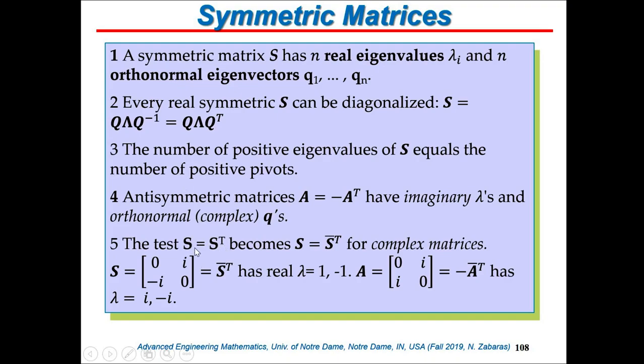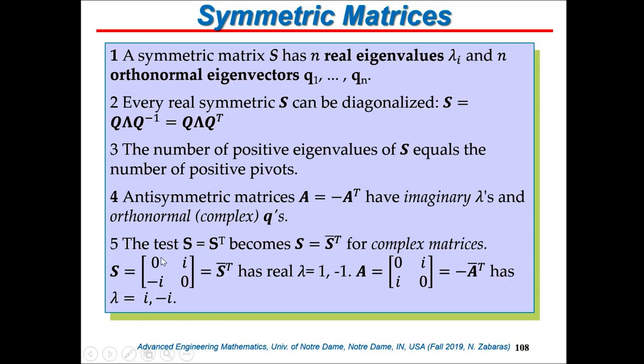if we have a matrix that has elements that are complex numbers, the classical test that we have seen here for symmetry, S equal to S transpose, actually changes for complex matrices to S being equal to S conjugate transpose. So when we refer to symmetry in complex matrices, we refer to matrices S that are equal to S conjugate transpose.